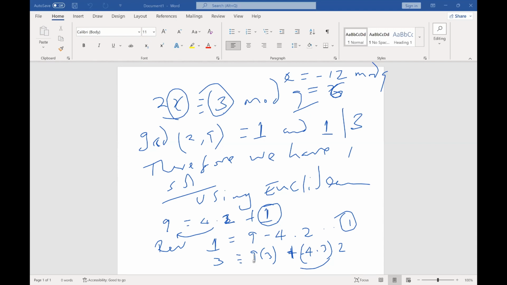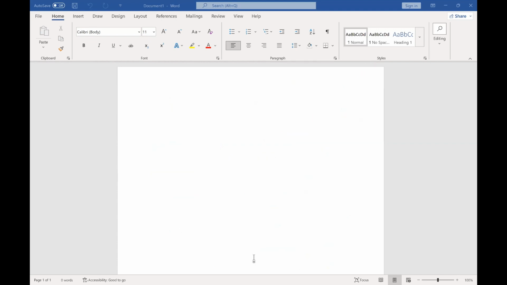Let me now give you one that has a slightly larger modulus so that you are forced to use the Euclidean algorithm. Now you try that.